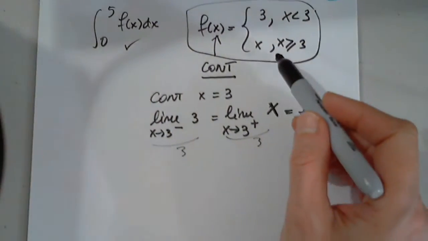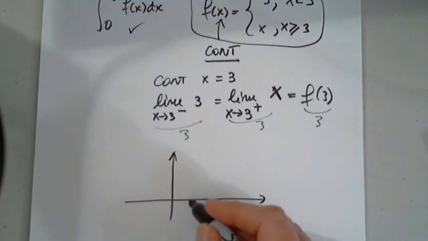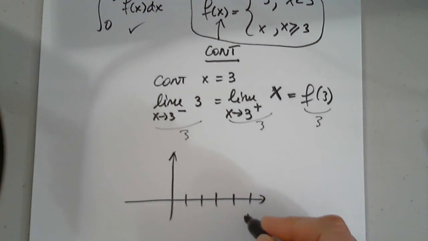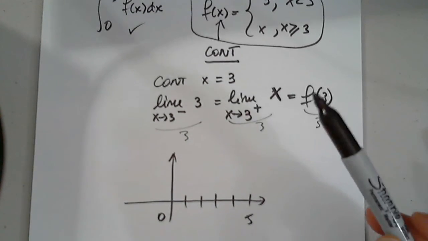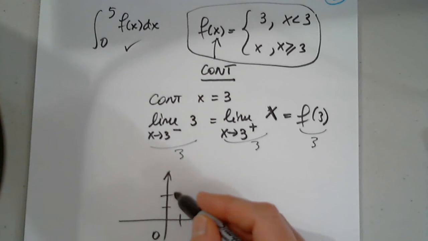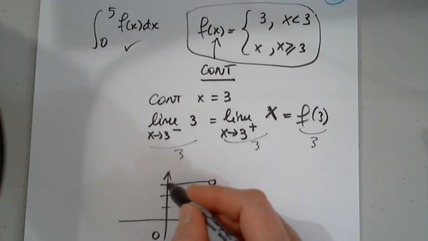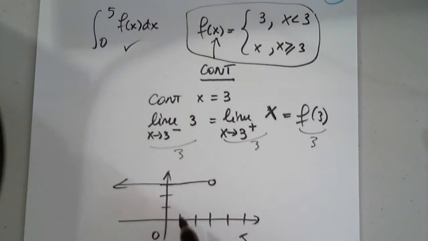But if you graph this function, I'm only interested between 1, 2, 3, 4, 5. Less than 3, the function is 3. I should go on, but I'm only interested between 0 and 5.